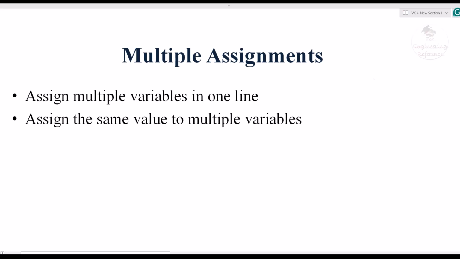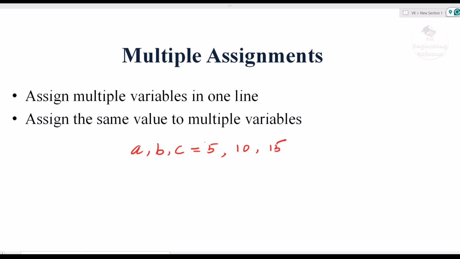Multiple assignments: unlike other languages such as C++, Python has a good feature of assigning multiple values to multiple variables. Python allows multiple assignments in a single line. For example, we can write a, b, c is equal to 5, 10 and 15.